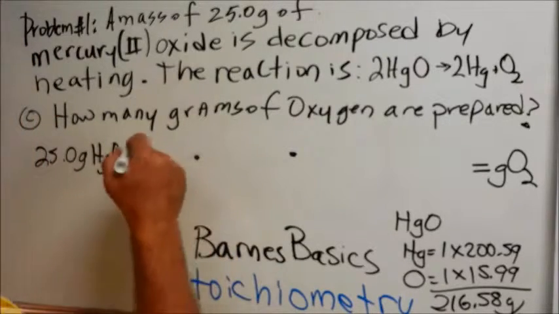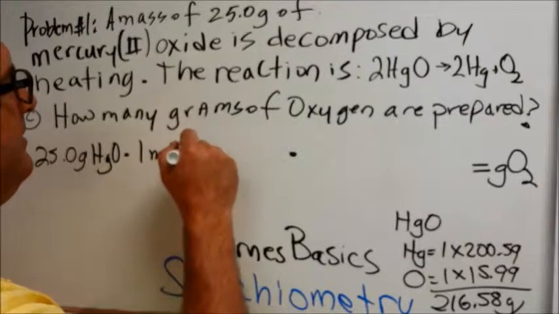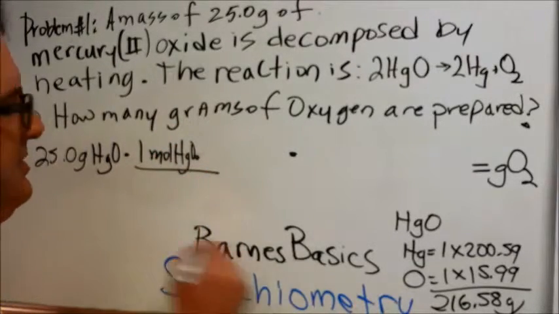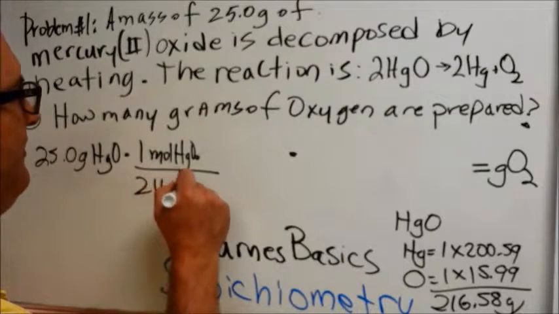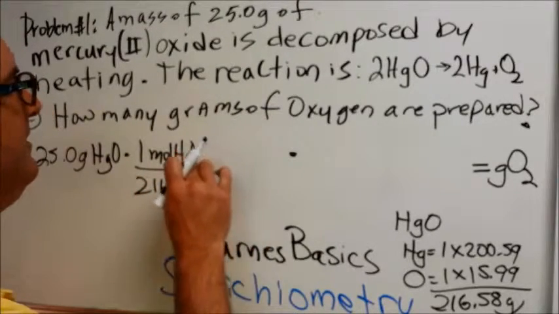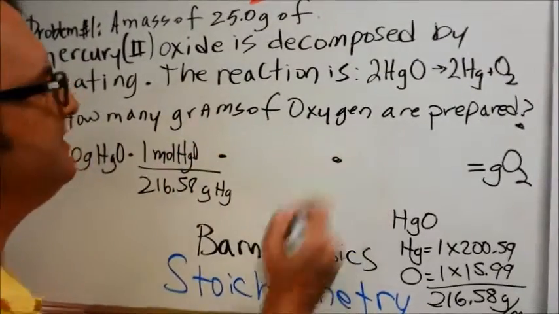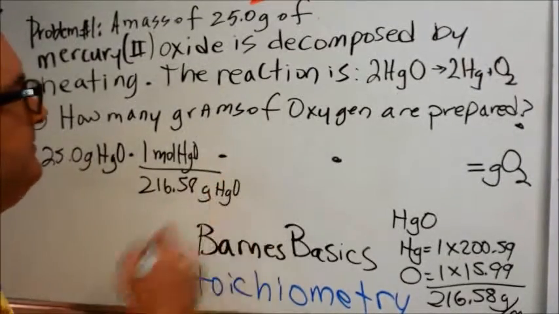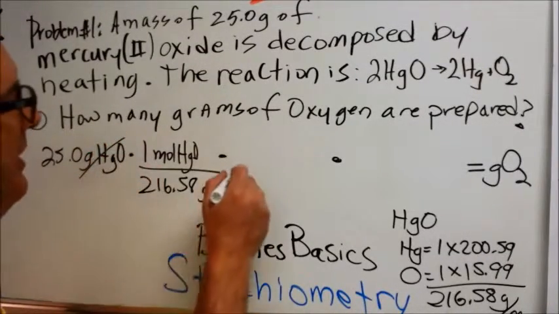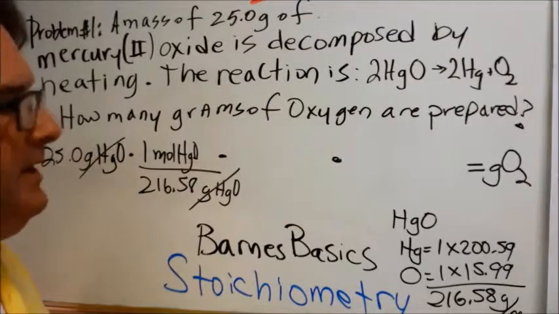Now, we earlier found that 1 mole of mercury oxide is the same thing as 216.58 grams of mercury oxide. We know that. Okay, I'm kind of getting crunched right here. Let's spread this out just a little bit. So grams of mercury oxide and grams of mercury oxide cancel like this. How did we know that?